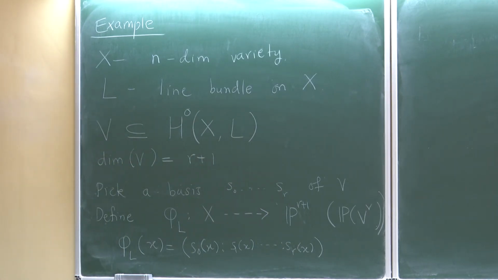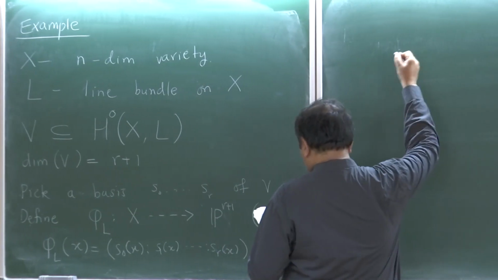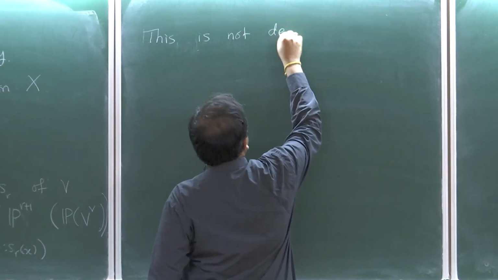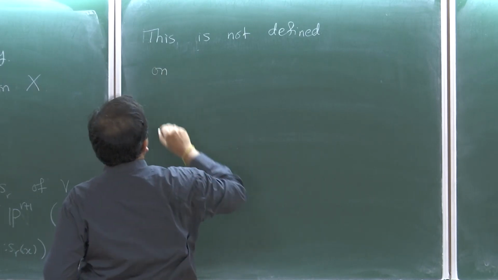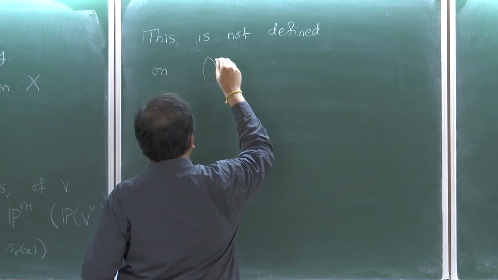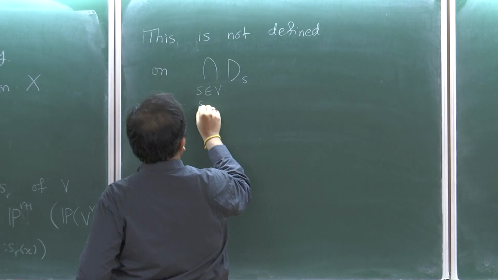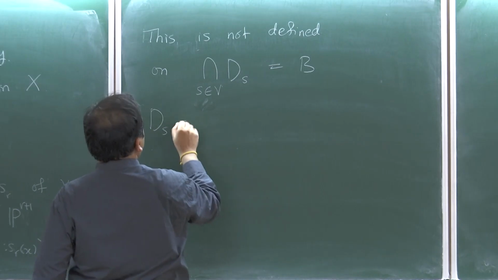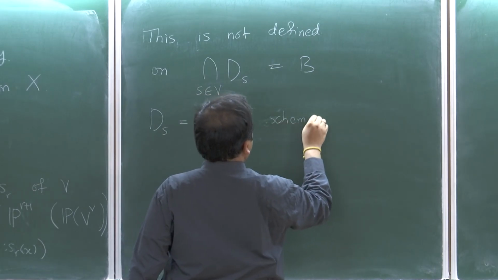To get a point in projective space, you need at least one of the coordinates to be non-zero. So this is not defined on the intersection of the D_s, where s is in V, s not equal to zero. This is the base locus B. Here D_s is the zero scheme of s.